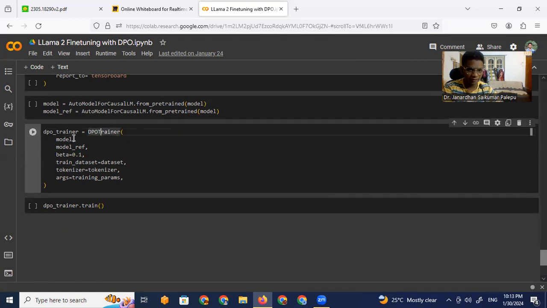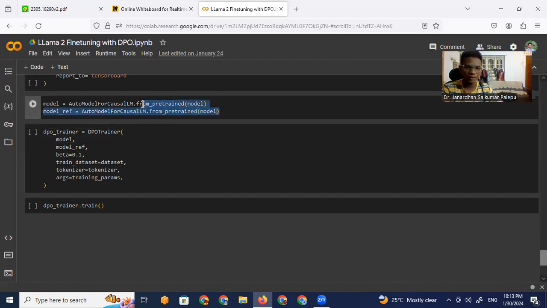We could have the model and model ref. The model and model ref are essentially the same model in the start. I just called it 2 times, as you can see here. And then we'll have a parameter beta. Again, please experiment if you're interested. We'll provide the dataset. Here, I have used the Stack Exchange dataset.